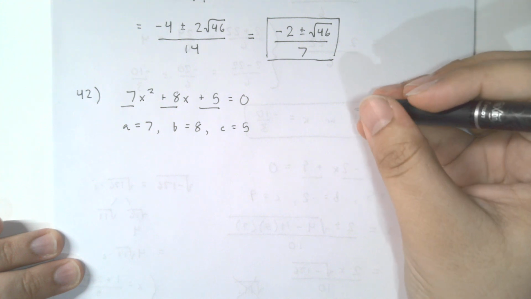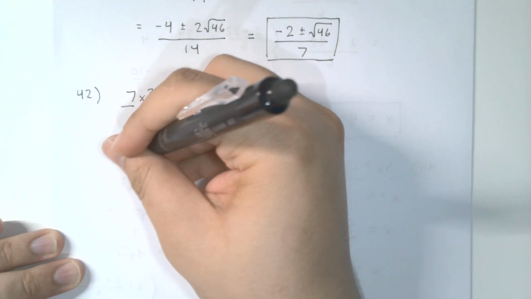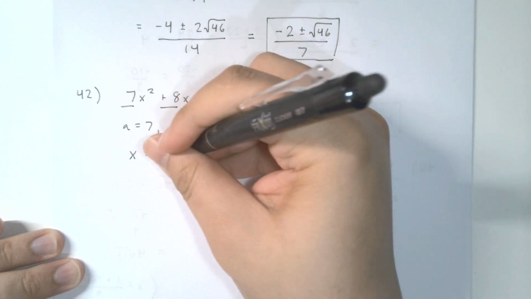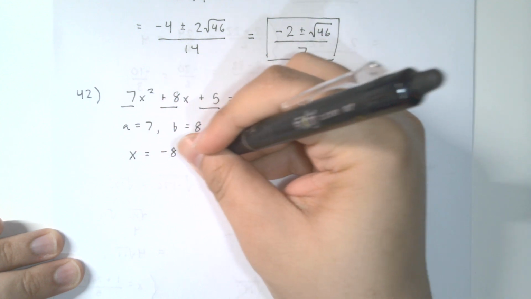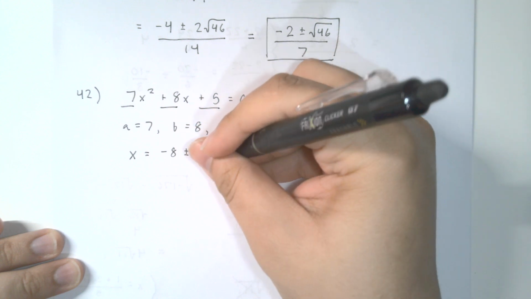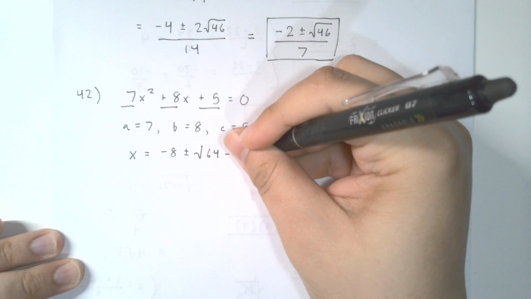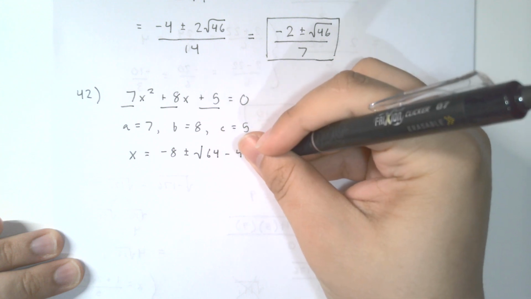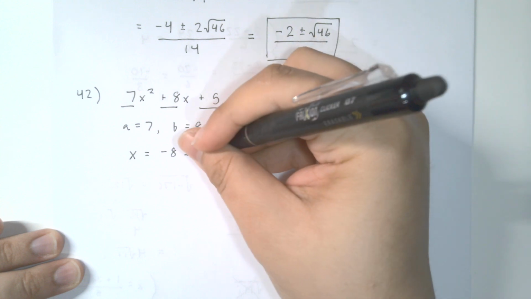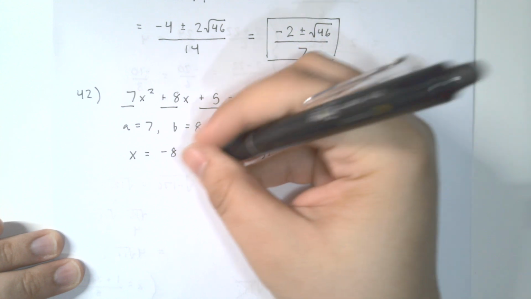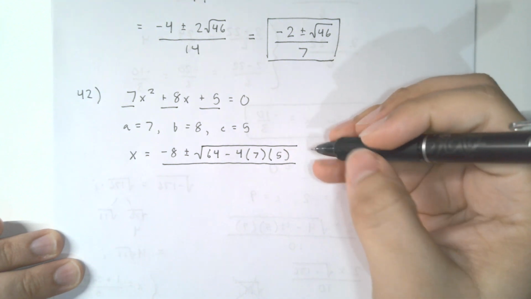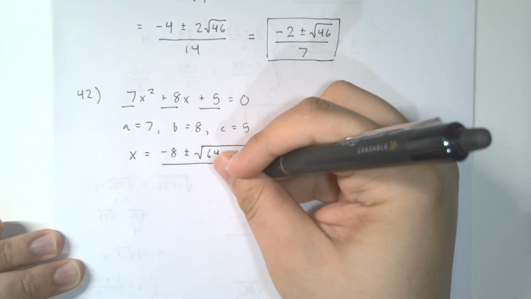And plugging into our quadratic formula, our variable here is x. So x is equal to negative b, which is negative 8, plus or minus the square root of 8 squared, so 64, minus 4 times a, which is 7, times c, which is 5, all over 2a, so 2 times 7, we have 14.